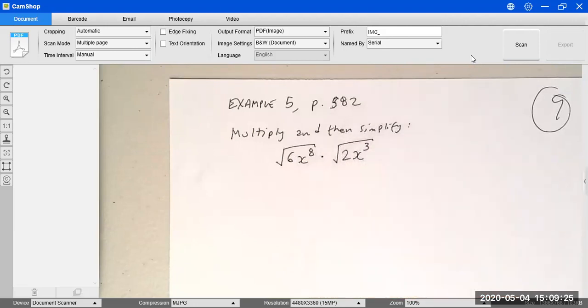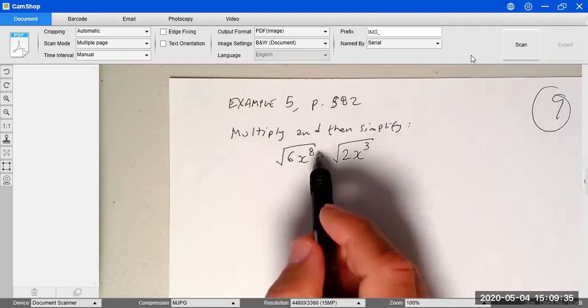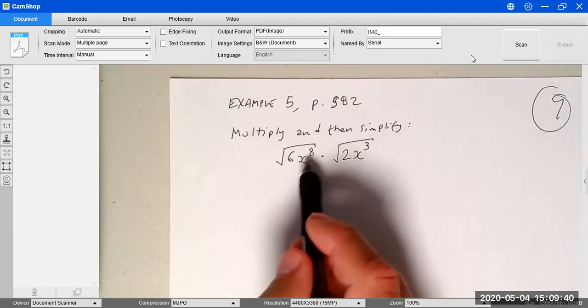Now you're going to see the importance of multiplying, because if you treat these radicals independently, only this variable can be simplified because this is a perfect square.